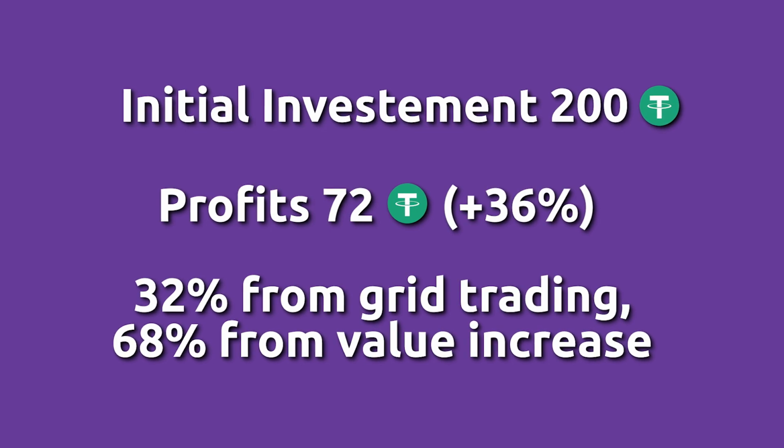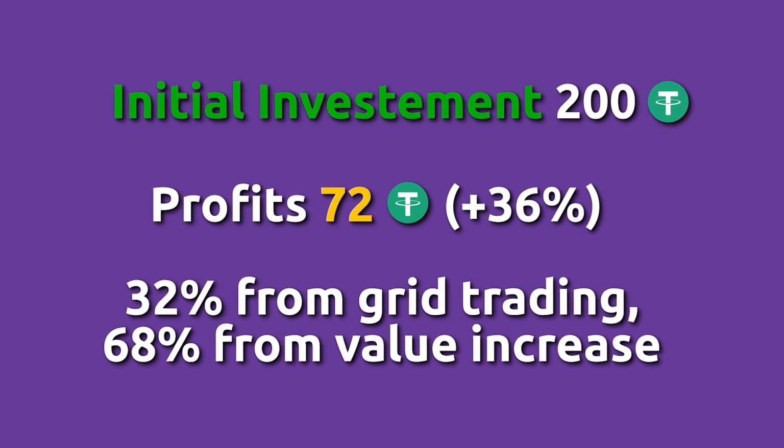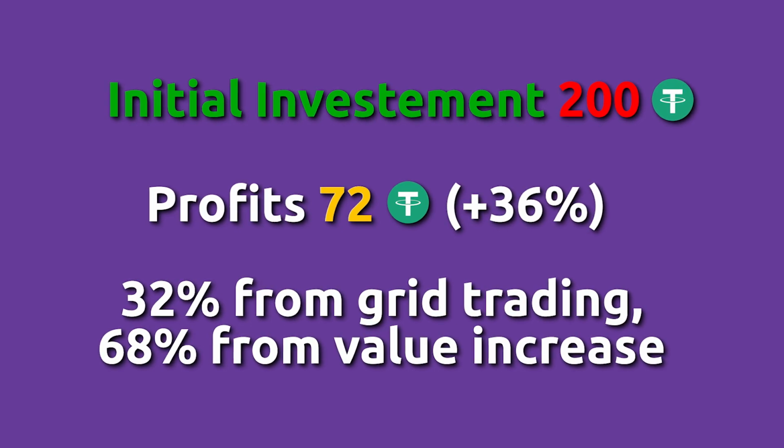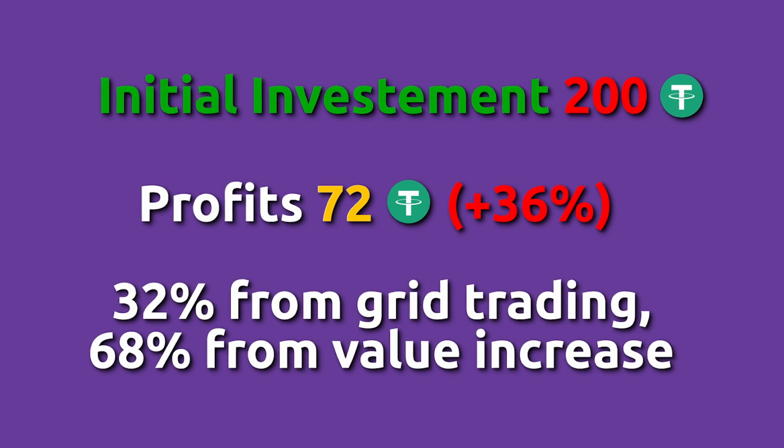Let's look at the bigger picture and get some first-hand statistics. Let's consider 1 bot that is the average of the 3, roughly, to make it simple. This bot has made a total profit around 72 USDT for an initial investment of 200. That's about a 36% profit. Not bad, you might think, but wait and see.